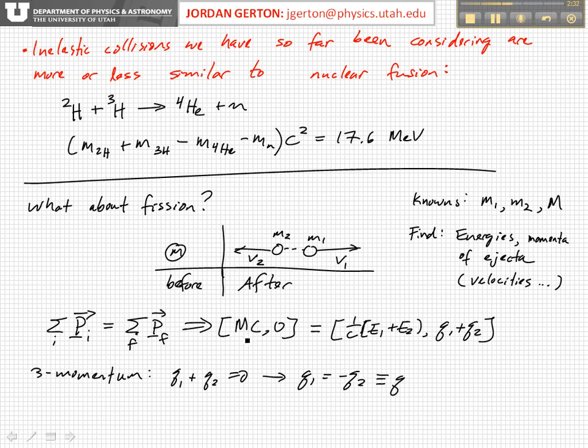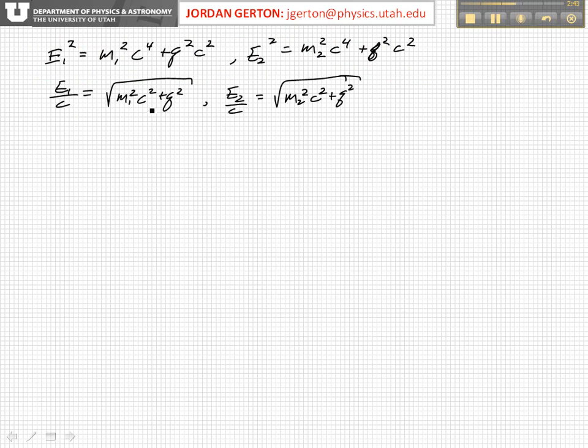And that would allow us to solve for q, because if you look at it, we know M, and the expressions for E1 and E2, we know M1 and M2, so we could solve that for q. However, let's just write that down, so we have it down very clearly.